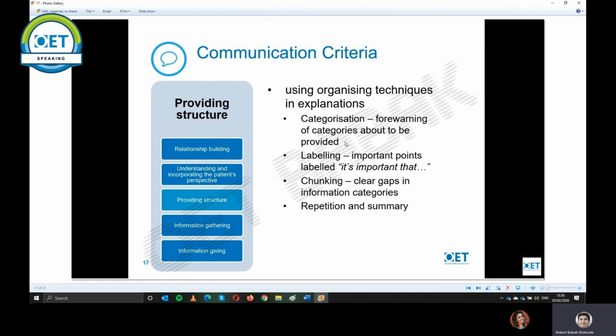So you don't actually carry on saying that, okay, there are different types of chest pain. Some of them are cardiac chest pain, some are chest wall pain, some are due to a stomach problem, some because of lungs, and no, we don't want that. Okay, and repetition and summary.